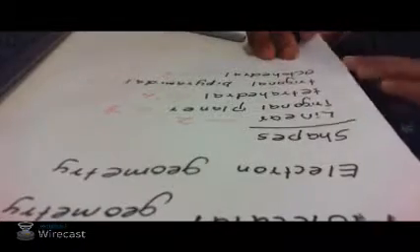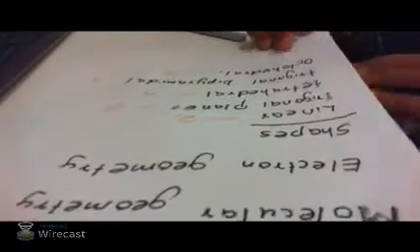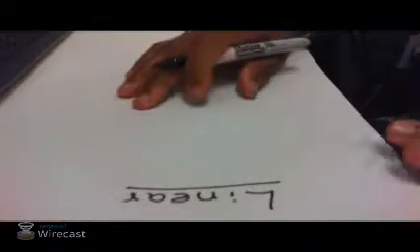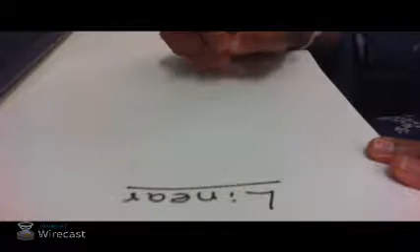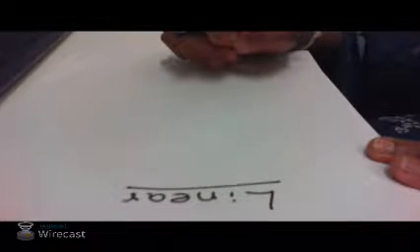Let's take the first geometry, which is linear. Linear electron geometry. Whenever you have two electron groups around the central atom, the electron geometry is linear, bond angle 180 degrees.